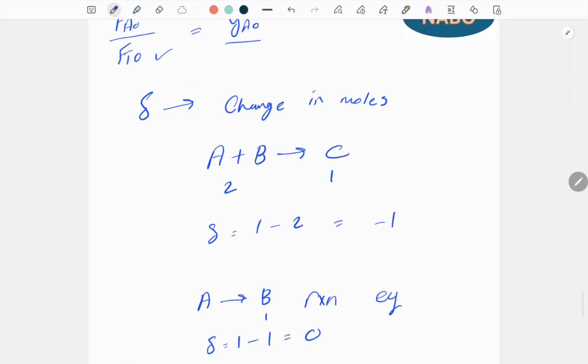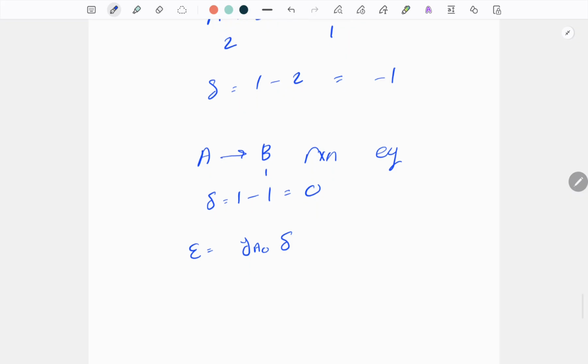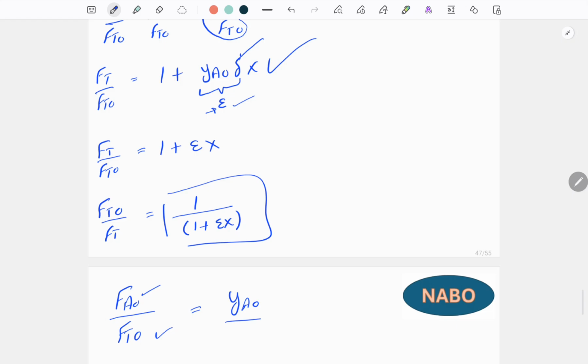So the expansion factor is the initial mole fraction of A times gamma. If that's 0 due to an equimolar chemical reaction, the expansion factor will be 0. That will cause this term to also be 0, therefore this whole term will be 1.